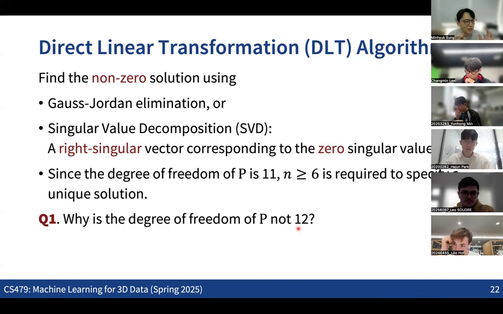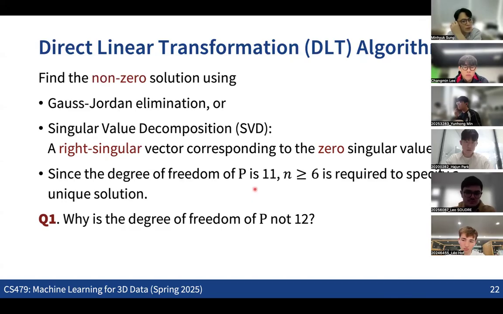So the degree of freedom is 11, not 12. If we have 11 linearly independent equations, we will be able to determine the unique solution.